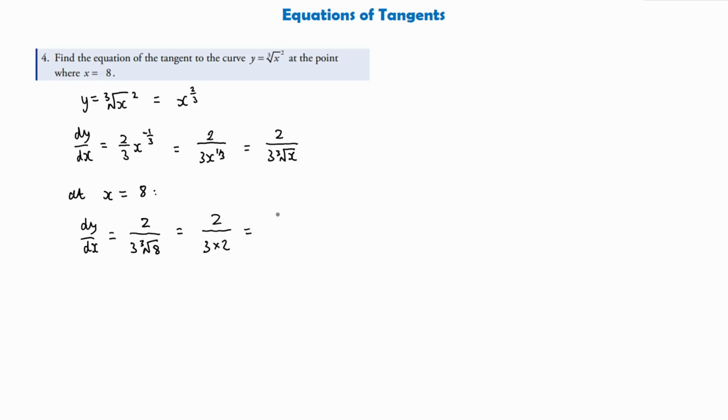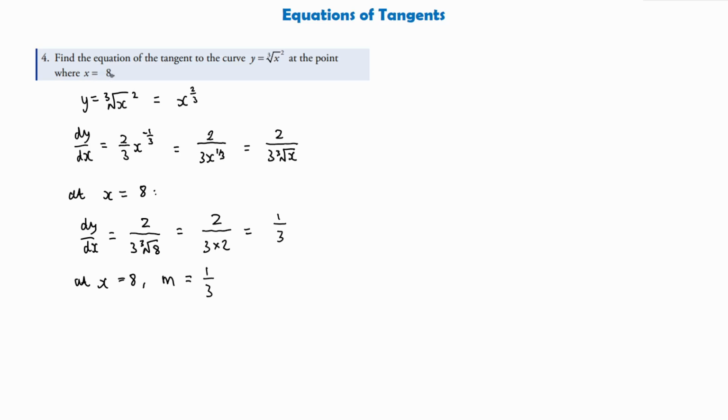And 2 over 6 is the same as 1/3. So we would say at x is equal to 8, the gradient of the tangent to the curve is going to be 1/3.